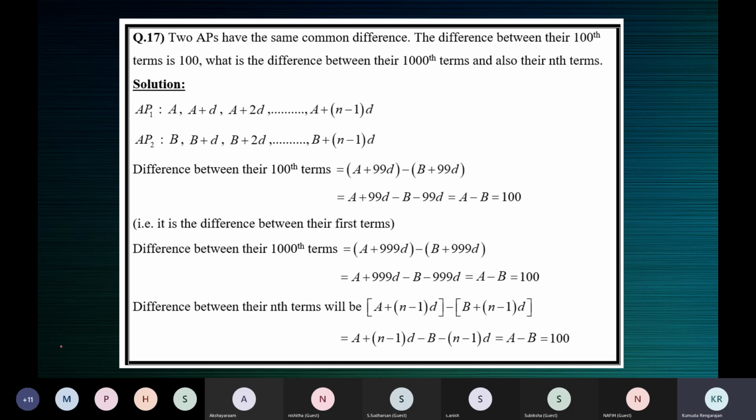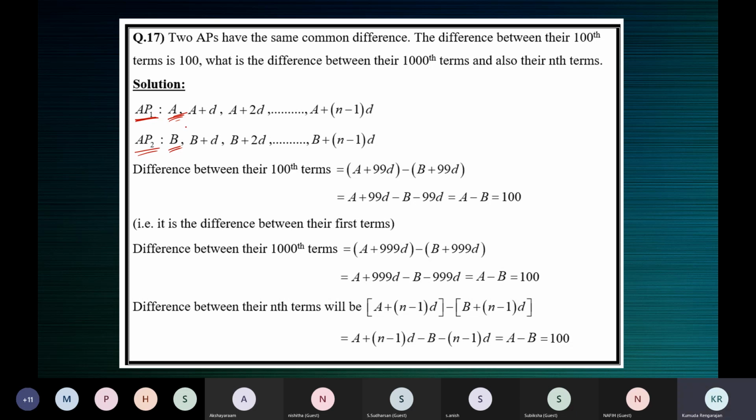Okay, children. So you can see AP1 and AP2. The first terms are different, so I've called them A and B. The common difference is the same, so it is D in both.